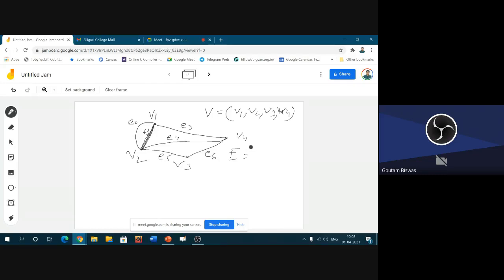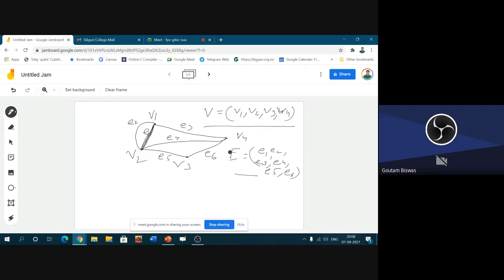So in this set, how many elements are there? E1, E2, E3, E4, E5, and E6. So this is the vertex set and this is the edge set.